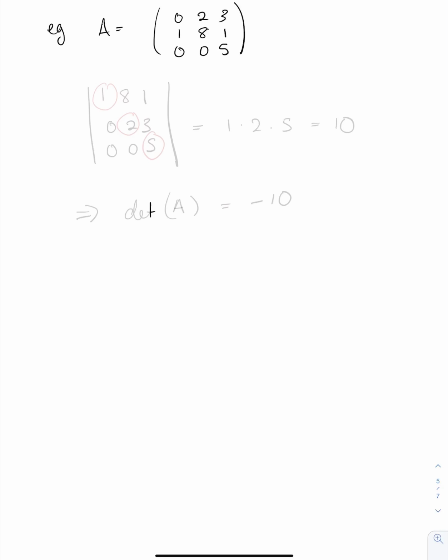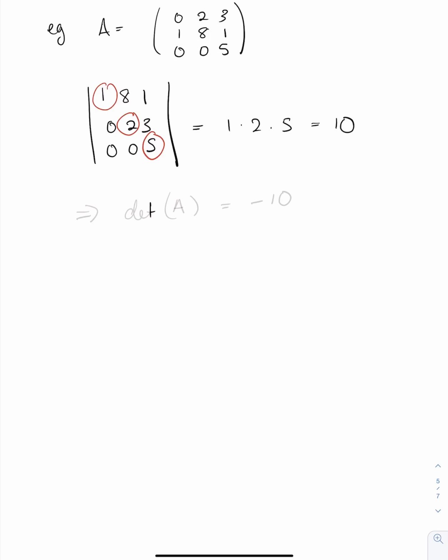So let's look at 1, 8, 1, 0, 2, 3, 0, 0, 5, a different matrix. This different matrix is triangular. So in order to calculate the determinant, all we have to do is multiply the diagonal entries. 1 by 2 by 5, this is equal to 10.